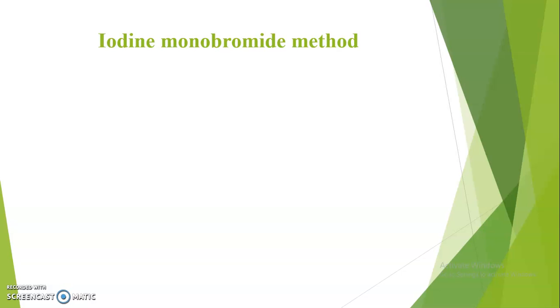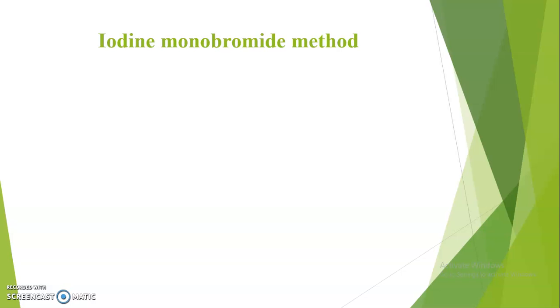Iodine value will differentiate between these types of saturated and unsaturated compounds, because iodine will be absorbed only by unsaturated fatty acids, and saturated fatty acids do not react with iodine. As iodine is very slow in terms of reaction, that's why we are going to use iodine monobromide or iodine monochloride for the determination of the iodine value.